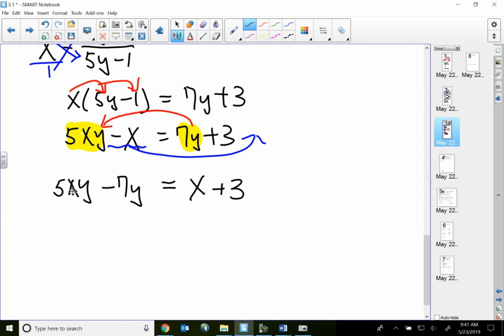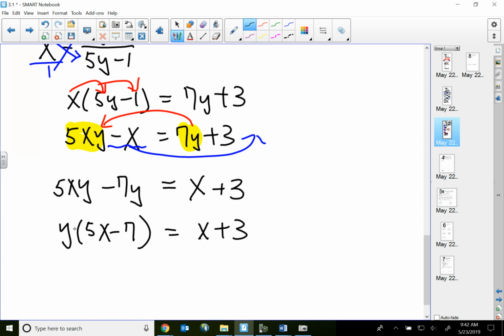Well, this is where factoring comes in. The greatest common factor between these two terms is y. So if I factor out the y, that will give me y times (5x - 7), so this is just a y by itself now, equal to x + 3.